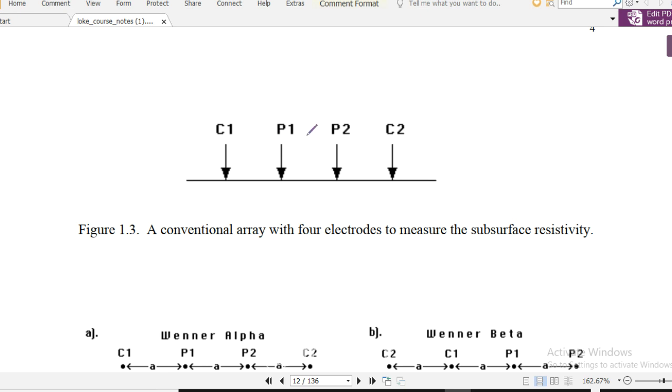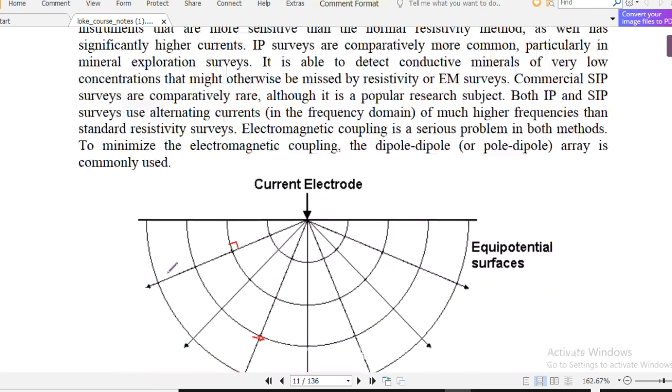C1, P1, P2, C2. C1 and C2 are current electrodes, P1 and P2 are potential electrodes. So 4 electrodes are arranged like this.